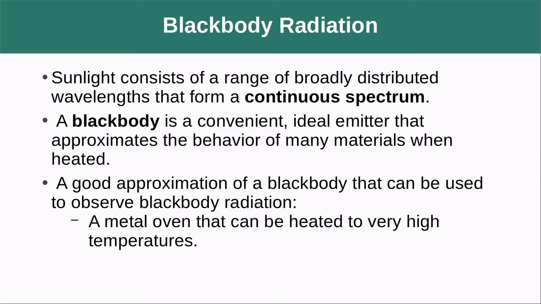So if the sun is producing light from being heated, maybe we can use the idea of the black body to model that. One good approximation of a black body that can be used to observe is a metal oven. So what kind of electromagnetic radiation are we going to see when we heat up the inside of an oven?